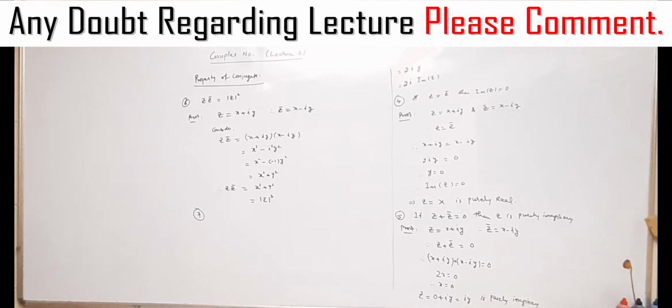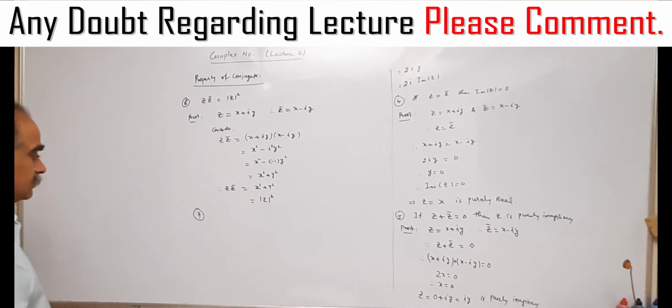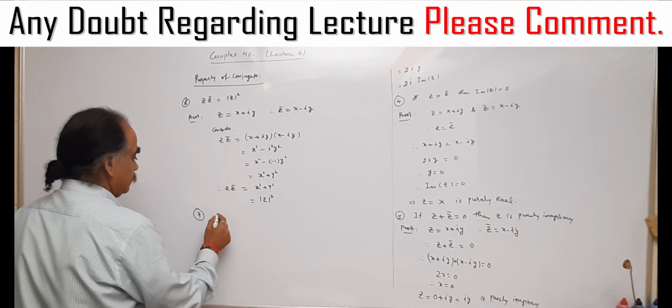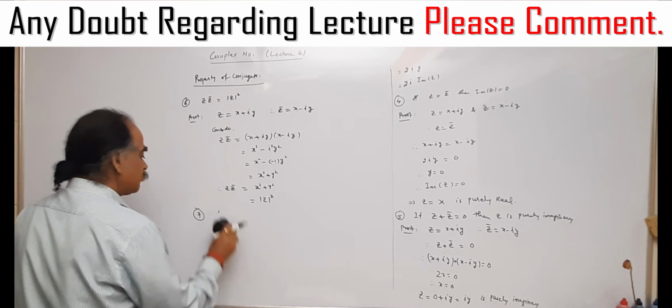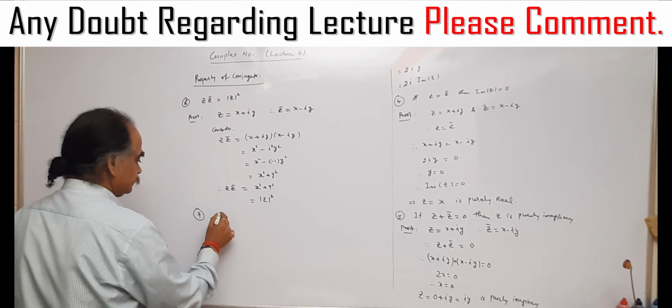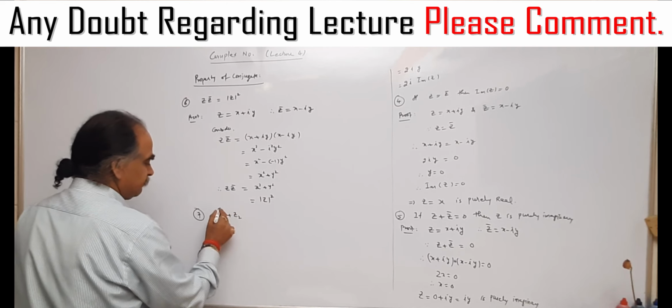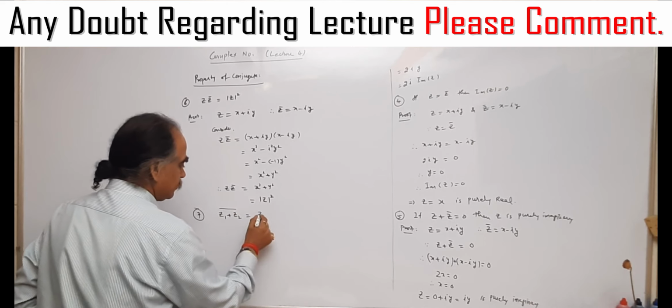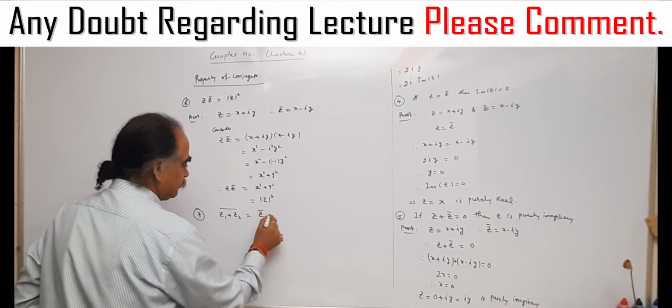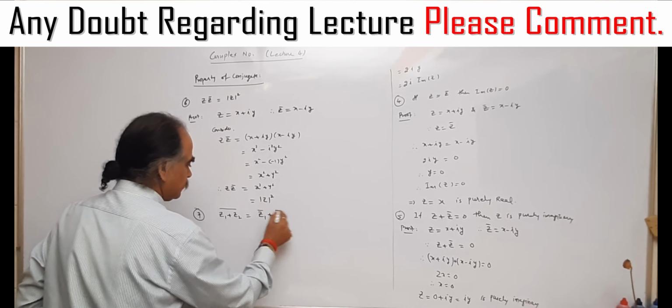Property number 7 is: if you take two complex numbers, z1 plus z2 conjugate is z1 conjugate plus z2 conjugate.